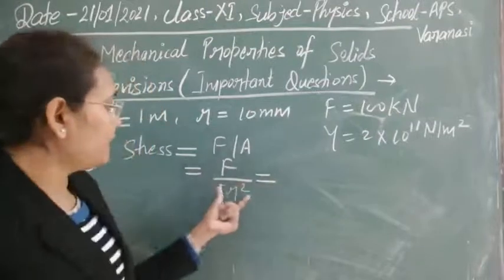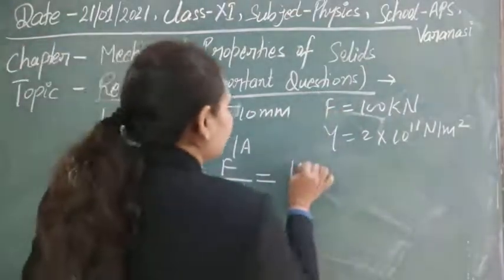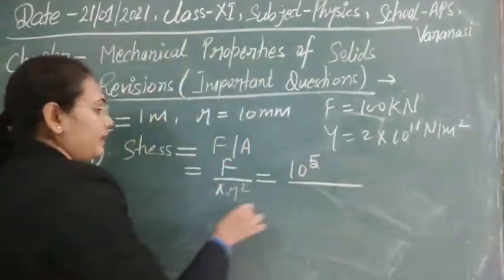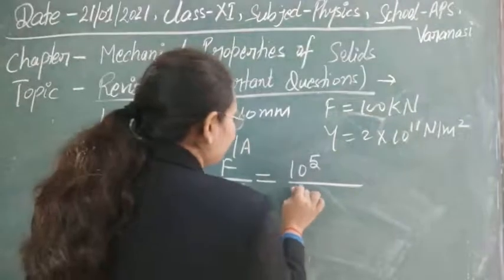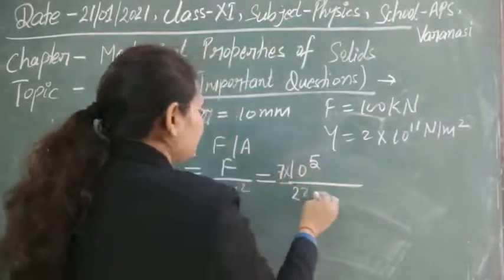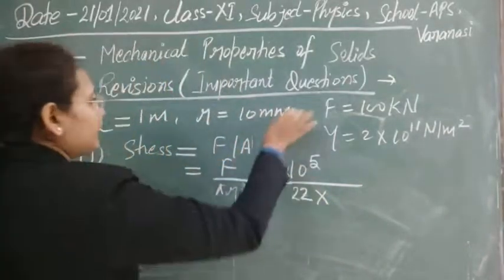Now let's put in the values. The force is 100 kilonewton, which we can write as 10 to the power 5. Here you can write the value of pi, into the value of r, that is 10 mm.